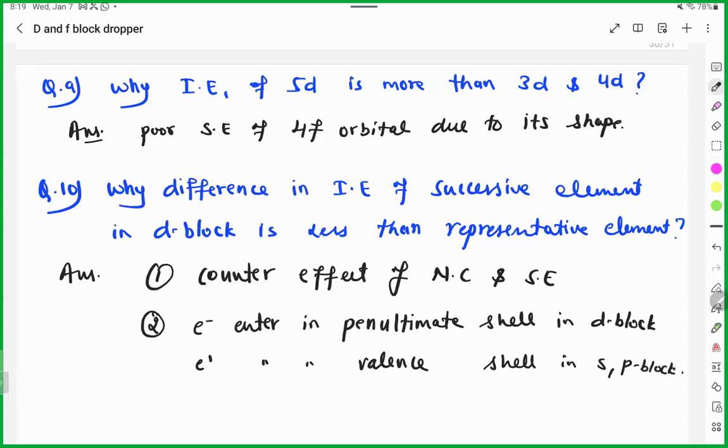And in case of d block, nuclear charge is increasing, shielding effect is also increasing. So there is not much difference in the ionization enthalpy. Understood, guys?